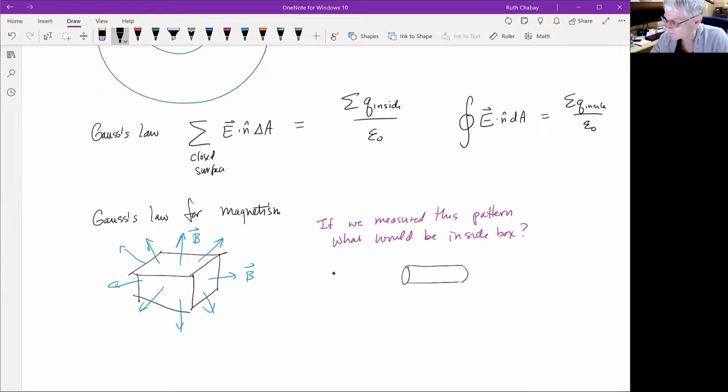So what does the pattern of field around a magnet look like? We have field coming out. So what would be inside here would be a North Pole.